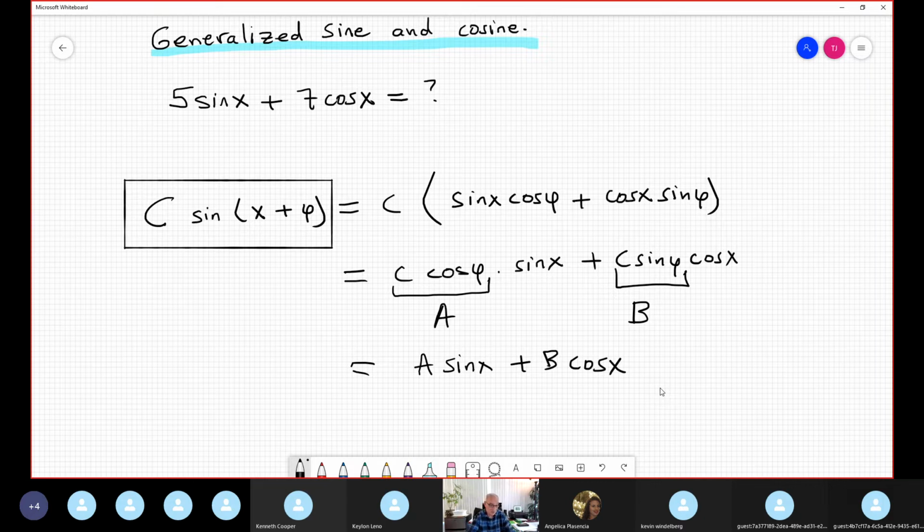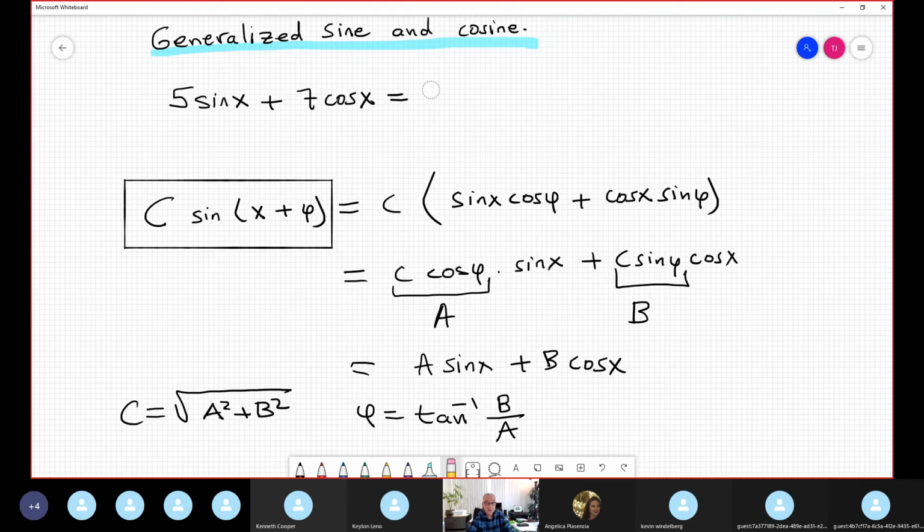Now, what is the mathematical relationship? Well, c is the square root of a squared plus b squared. And phi is tangent inverse of b over a. In our specific example that we discussed at the beginning, we compute c sine(x plus phi). Who is c?